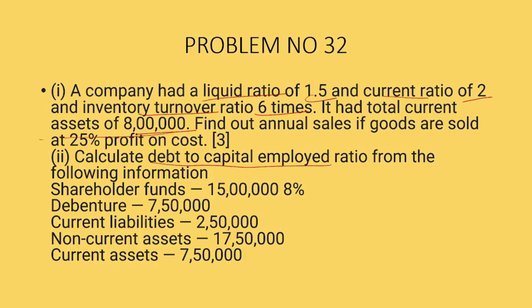Calculate the debt to capital employed ratio from the following information: 15 lakhs shareholders fund, 8% debenture 7 lakh 50,000. Very sorry, this 8% is for debenture, it has gone up, it's a printing mistake. Next, we have current liabilities as 2,50,000, non-current assets as 17 lakh 50,000, and current asset as 7 lakh 50,000.